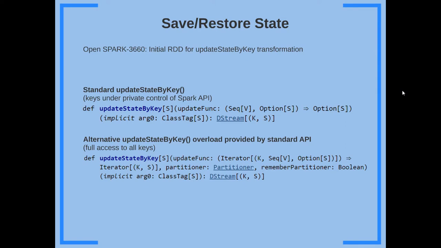And in that 10-second microbatch, we have a bunch of URLs from our click stream. And so Spark Streaming for each microbatch is going to call us once per key, and in that key we get a sequence of values.